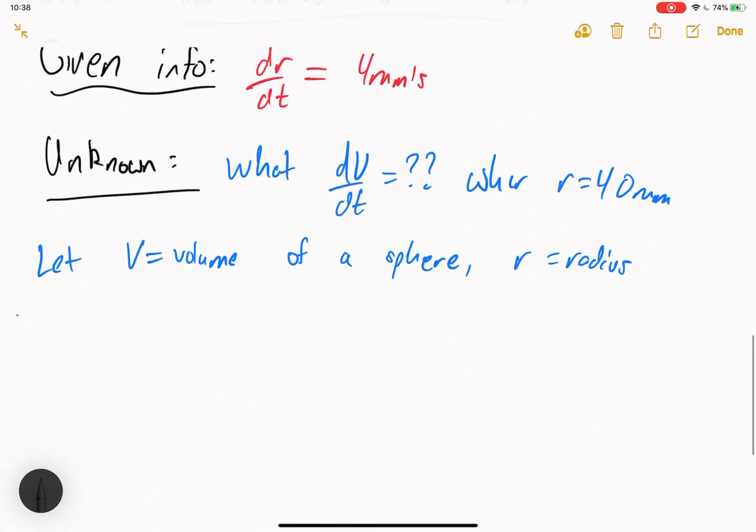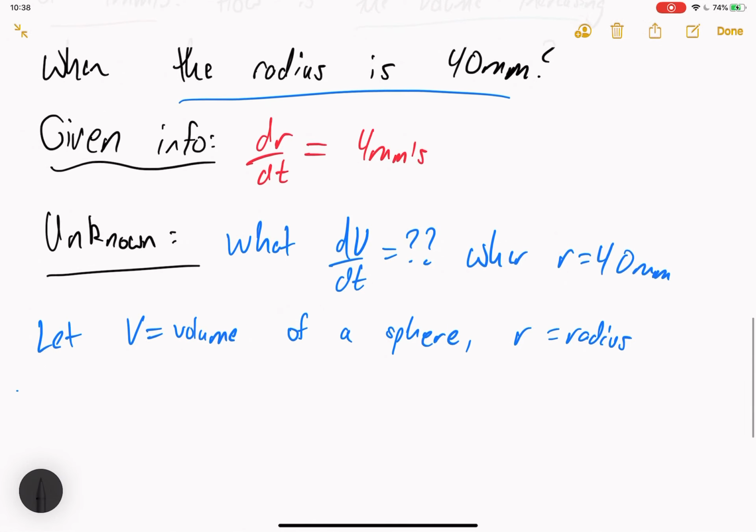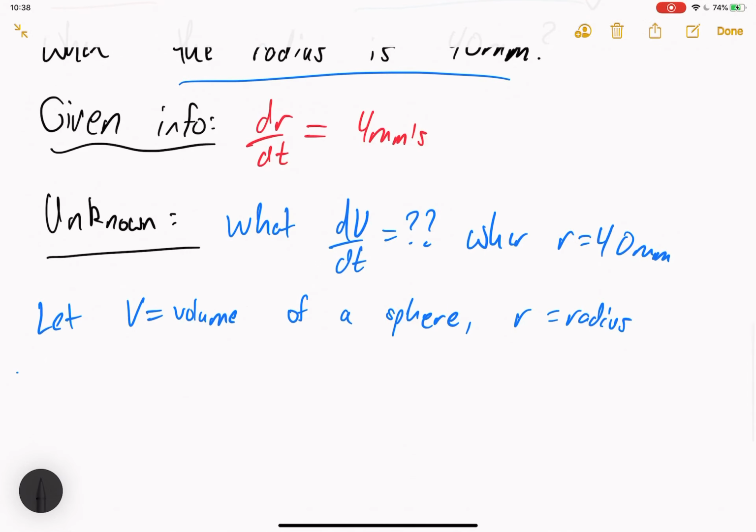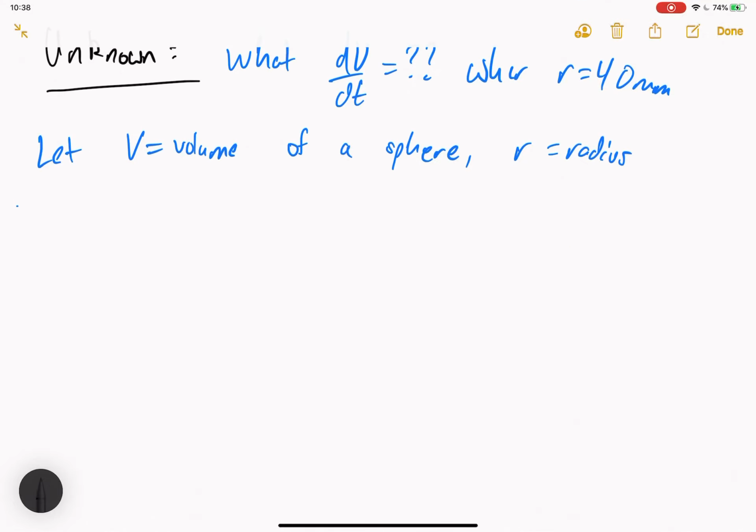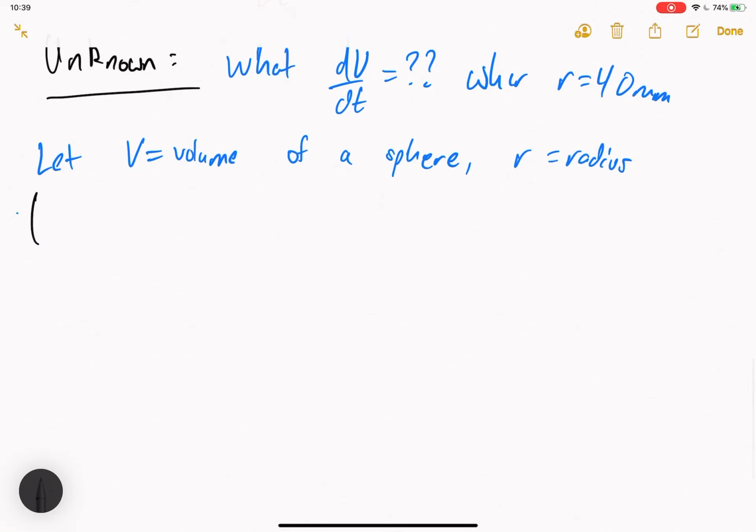Really, you could have done dV/dt is equal to 4 millimeters per second, but that doesn't matter so much. I'm going to put a little header here: this is declaring your variables.